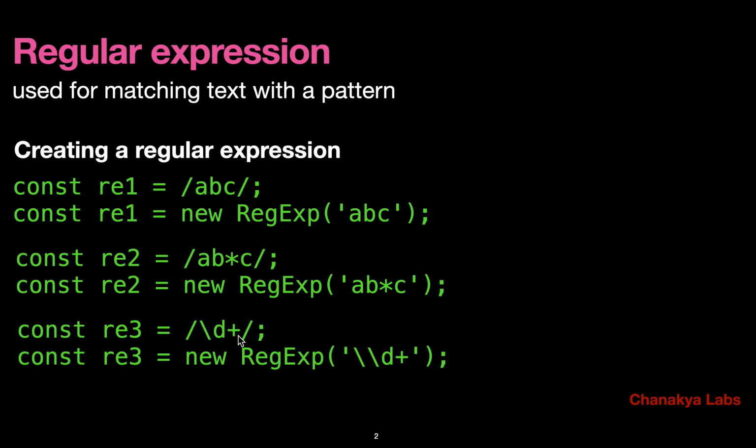Okay. And then again we are getting a new thing called plus. We'll discuss it again in detail, but basically, like star means zero or more, plus means one or more, right?